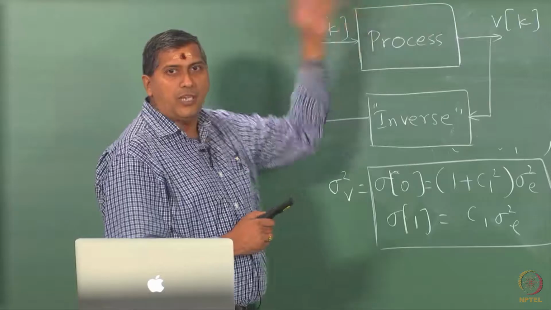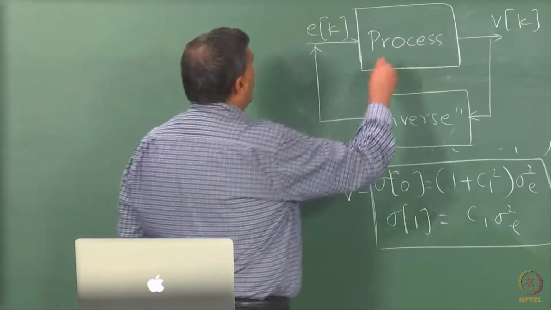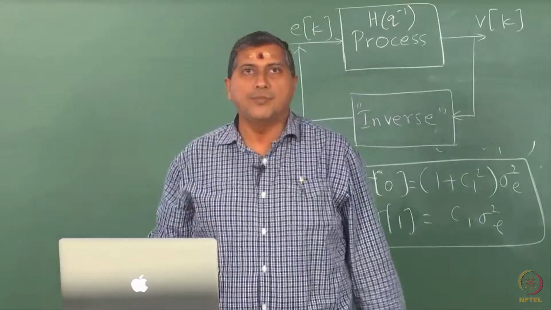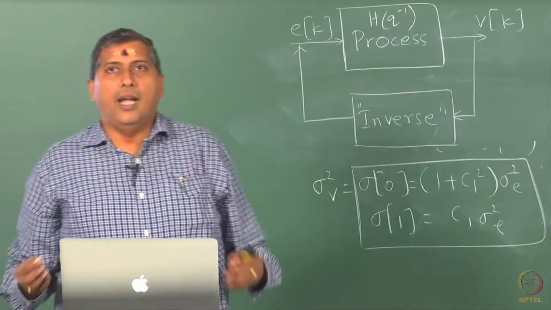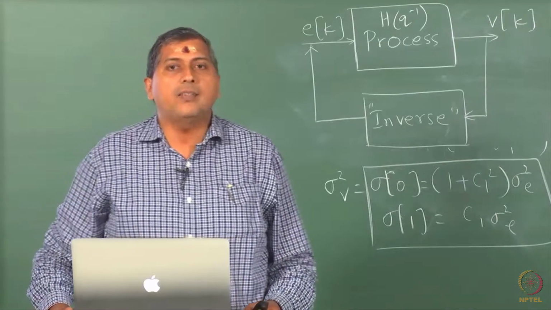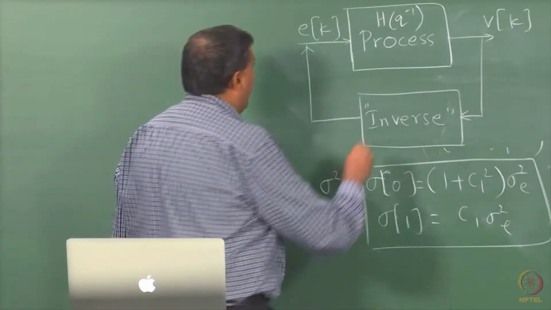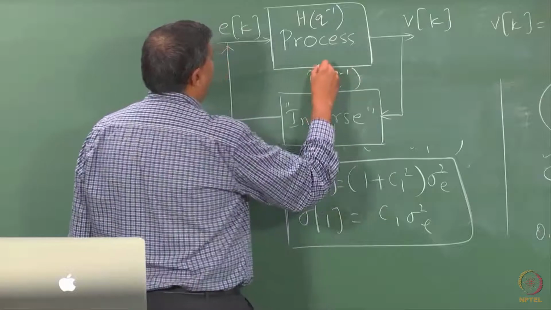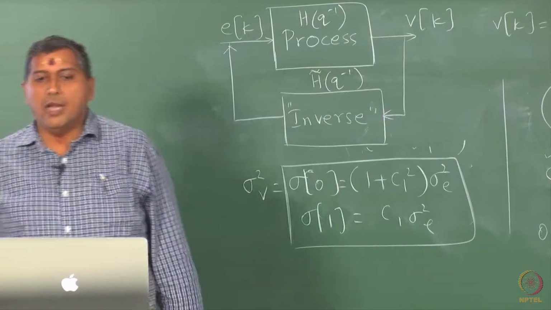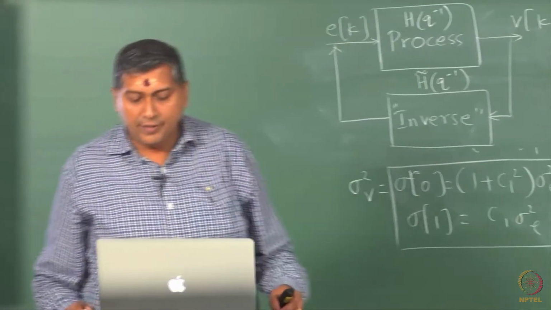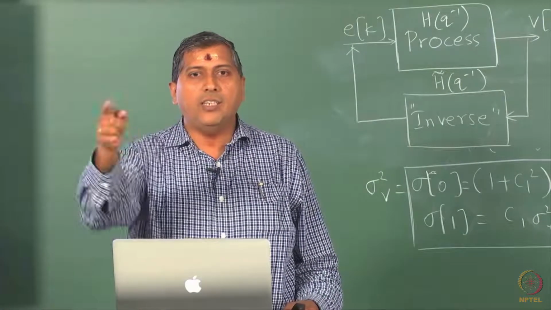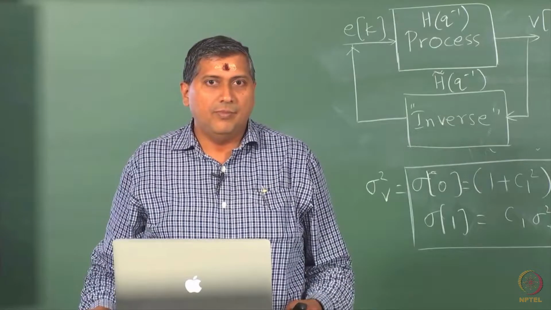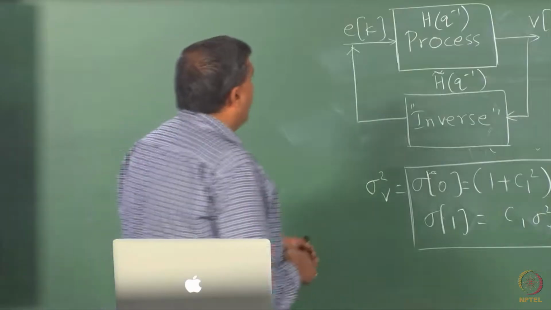This process is what we have denoted by H of Q inverse, and now we are seeking some kind of inverse, for now call this H tilde of Q inverse, and this H tilde should be such that when it operates on H, it should yield 1. That means you should exactly recover Ek, right.